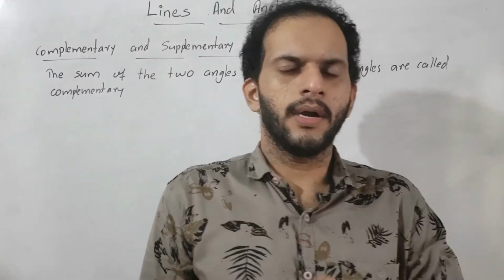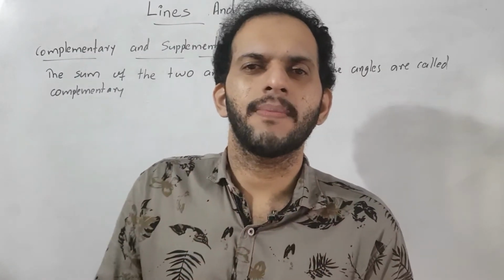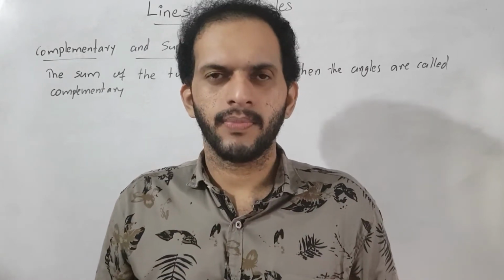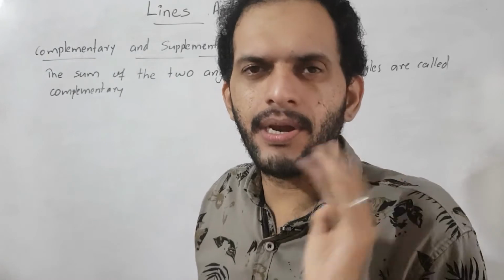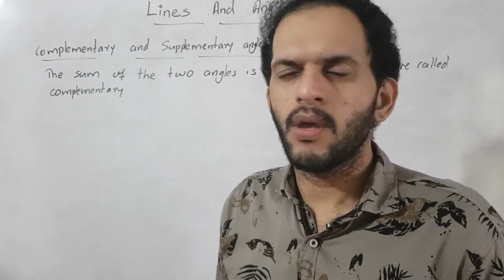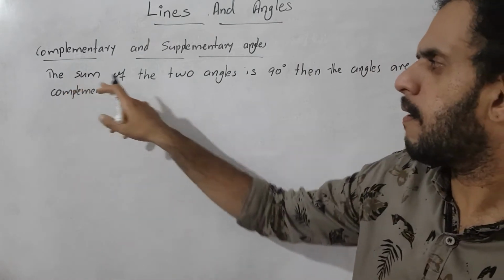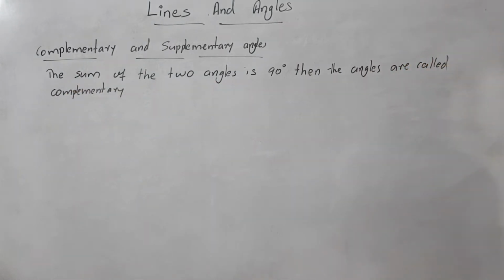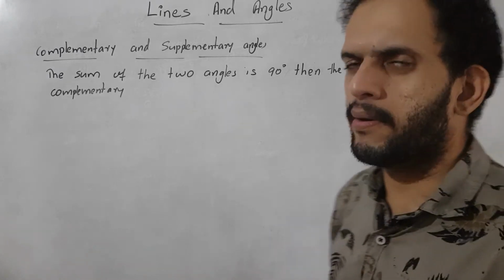What are complementary angles? If the sum of the two angles is 90 degrees, then what do we call them? We call them complementary angles.